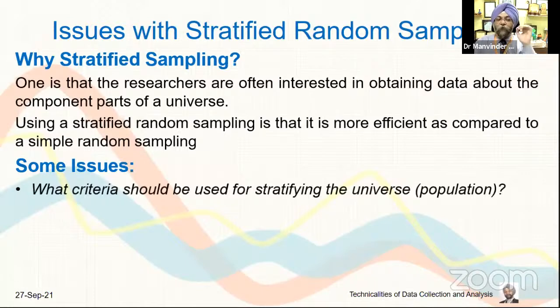Now, first, what criteria should be used for stratifying the universe or the population? The criteria for stratification should be related to the objectives of the study. My objective was to see the significant difference between the sales of small, medium, and large stores, so I will stratify the population on the basis of small, medium, and large stores, right?